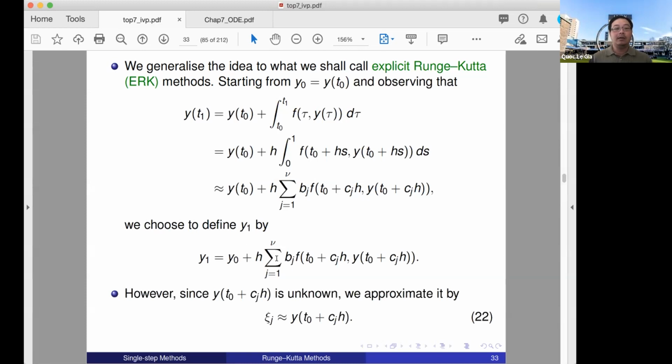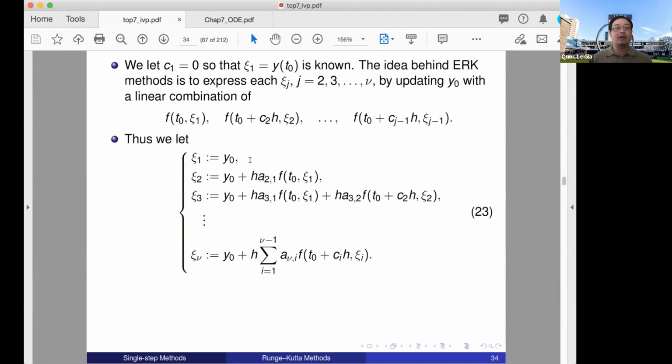And in general, the explicit Runge-Kutta method of nu stages, so nu is the number of points in the quadrature, can be written in a general form like this.